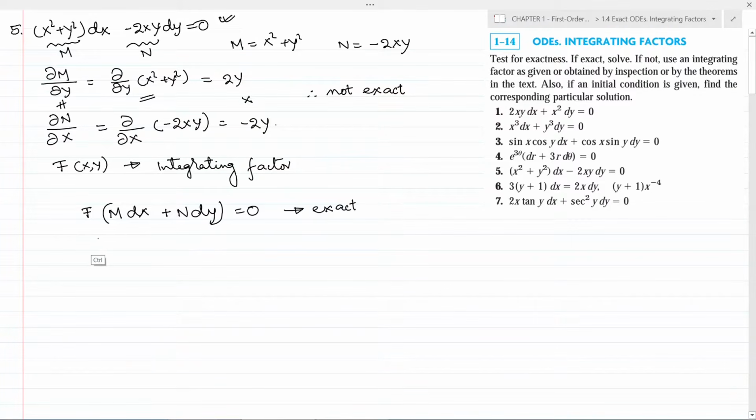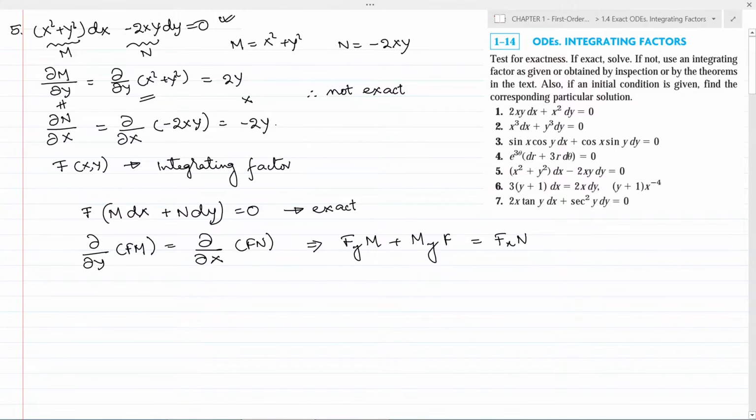Now, if this is the exact differential equation, we should have del by del y of fM equal to del by del x of fN, which implies f_y M plus M_y f equal to f_x N plus f N_x, where the subscript means partial differentiation with respect to that variable.